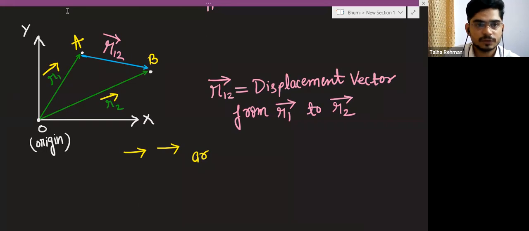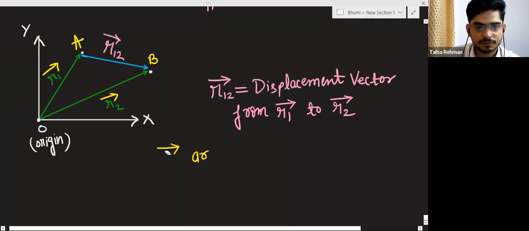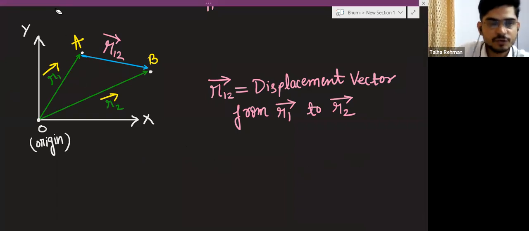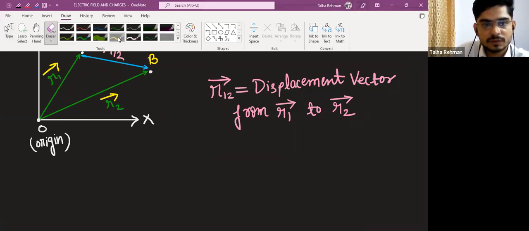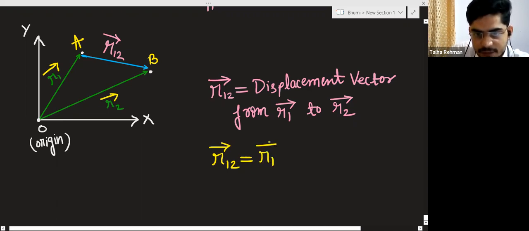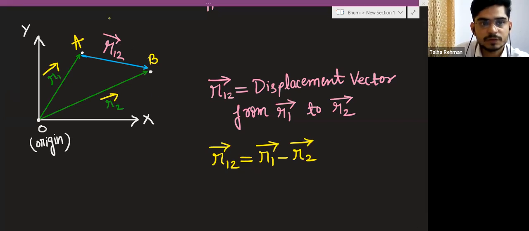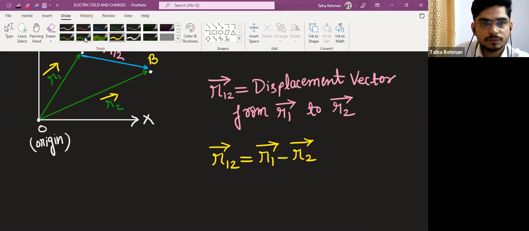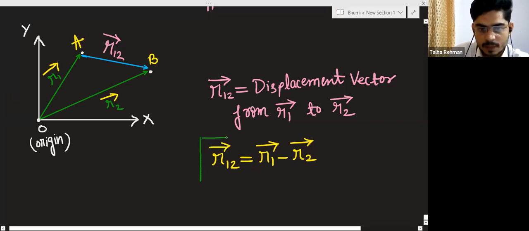So this is the displacement vector, and if I want to write R12, then I can write R1 vector minus R2 vector. Please remember this point.